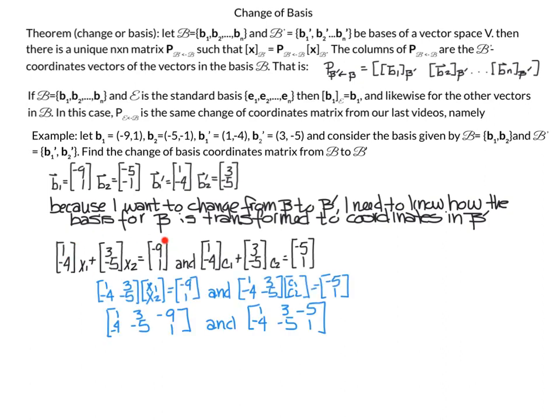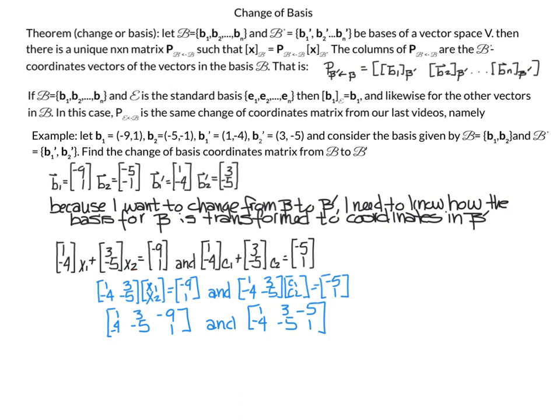This first vector equation translates to this matrix equation. This second vector equation translates to the second matrix equation. And then here I have the augmented matrix for this matrix equation, and I have the augmented matrix for the second equation. And I'm going to row reduce so I can solve for x1, x2, and c1, c2.